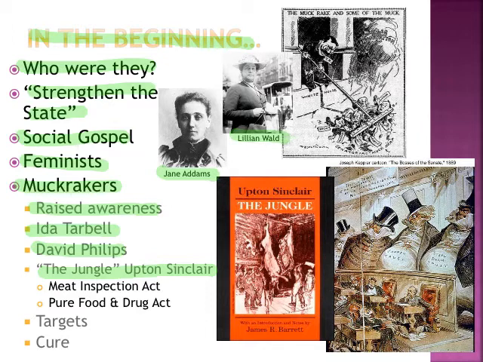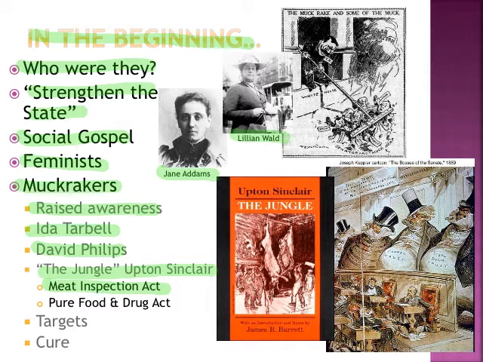Now, that doesn't mean The Jungle is a failure. It's a huge success because a couple of good things do come out of it. Two new government acts. One, called the Meat Inspection Act, that allows federal government inspectors to go into these slaughterhouses. And if things are really as bad as they say, the slaughterhouses can be shut down by the federal government.